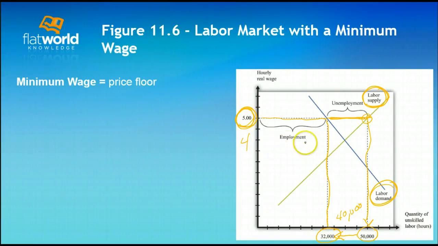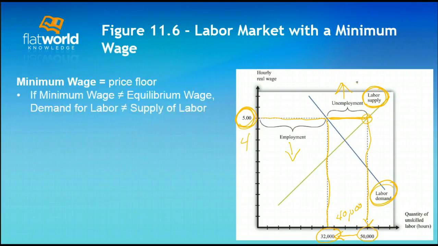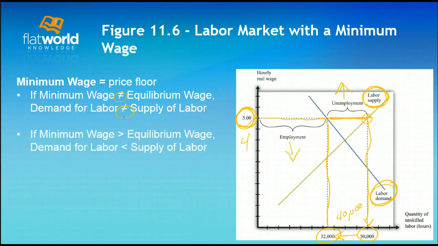The amount of employment has fallen and unemployment has risen. And that's because the minimum wage does not equal the equilibrium wage. The demand for labor now does not equal the supply for labor. In this case, the minimum wage was greater than the equilibrium wage, which means that the demand for labor is now less than the supply of labor in the market.